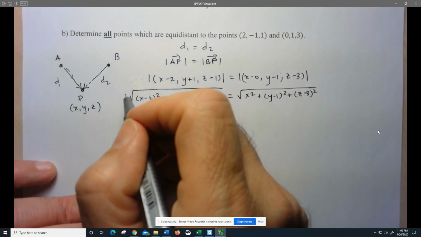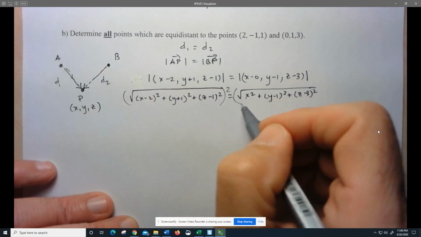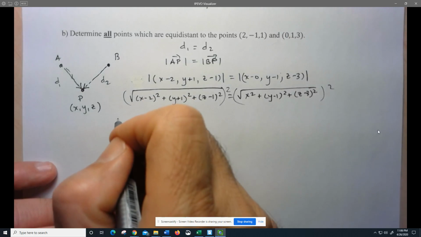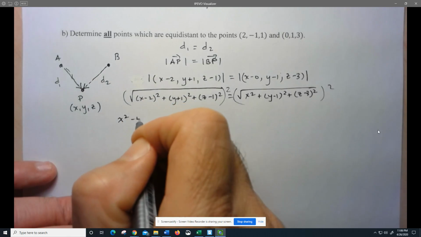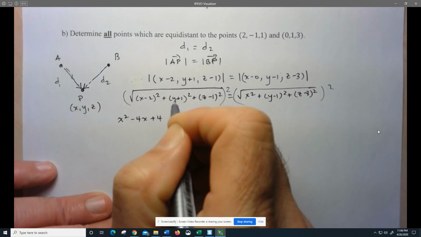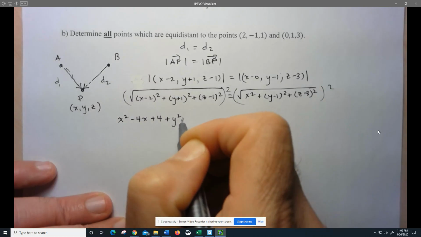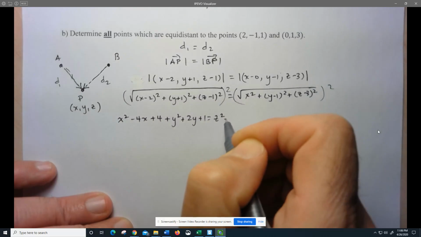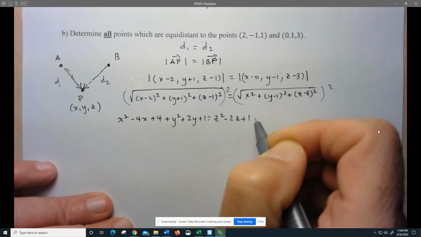Okay, same as before, square both sides to get rid of the square roots. Okay, and let's start expanding here. So we have x squared minus 4x plus 4 plus y squared plus 2y plus 1 plus z squared minus 2z plus 1.